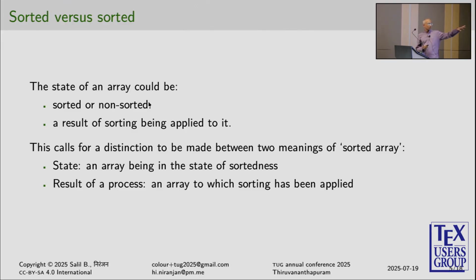So the process of sorting has an effect on its state. Now you don't have 2 states, sorted and non-sorted. You have only one state, sorted. And the other thing is, if we apply sorting, if we don't apply sorting, the array could be in the state of sortedness or non-sortedness. You're with me?